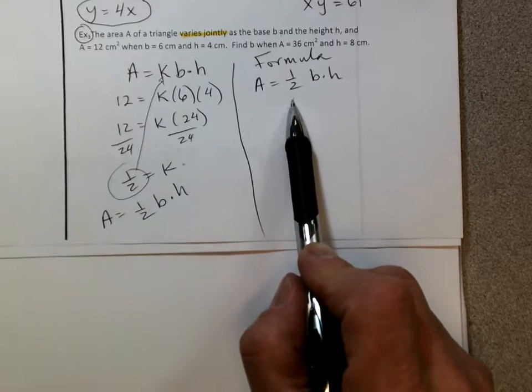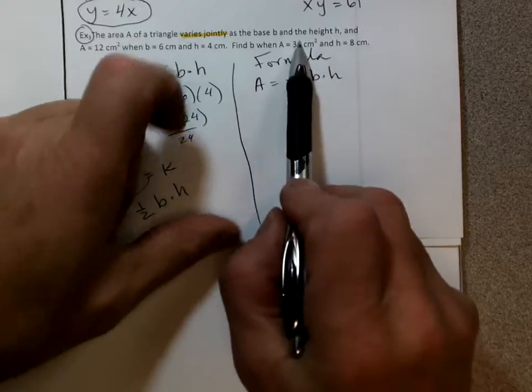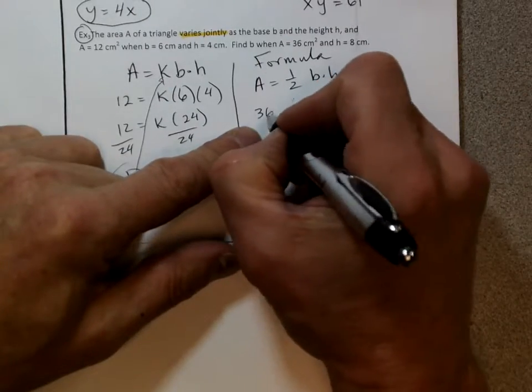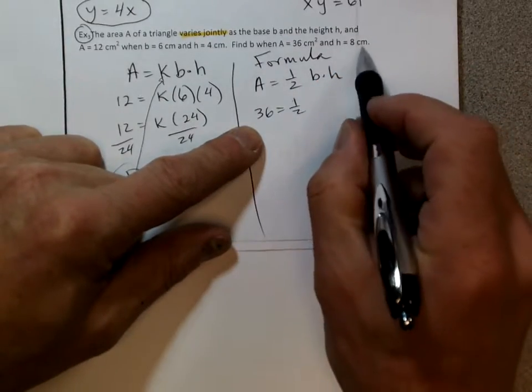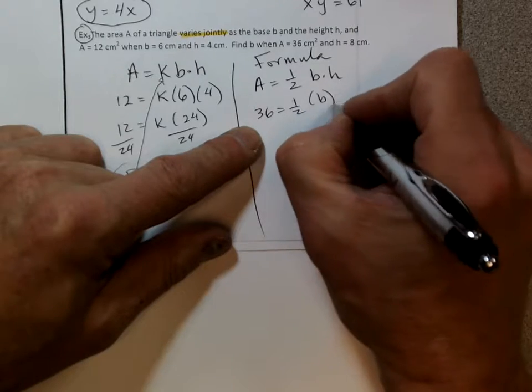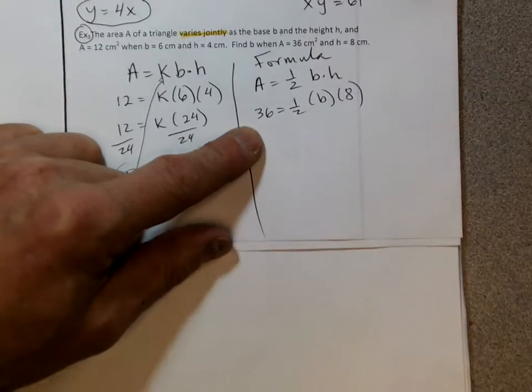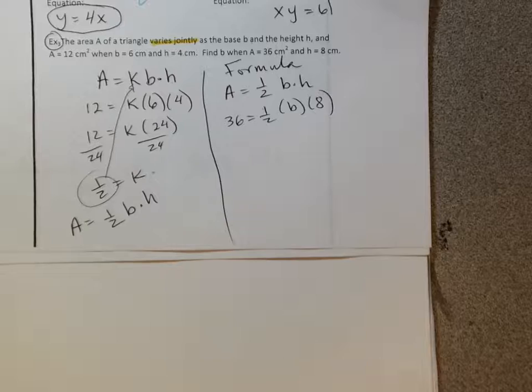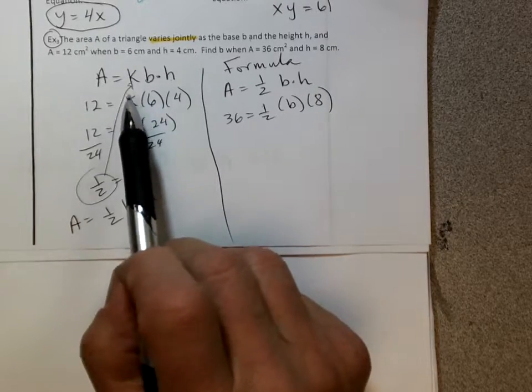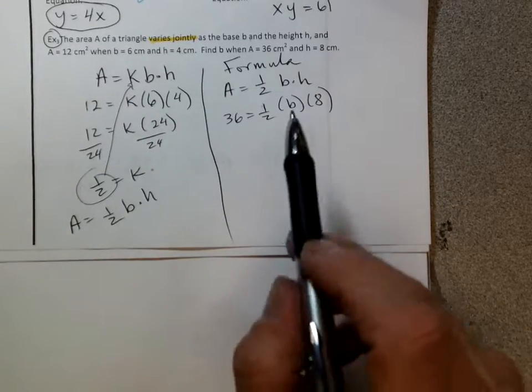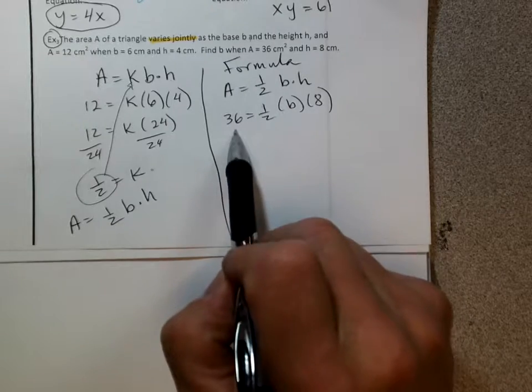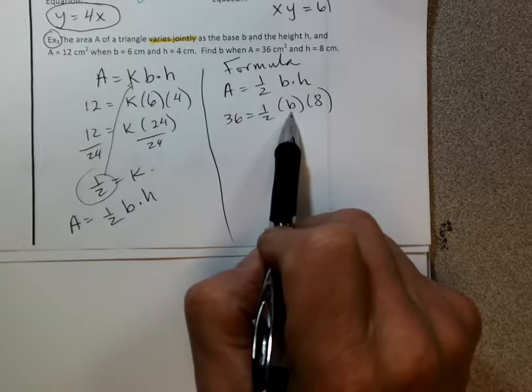So let's use it. Find b. If a is 36, put 36 here. We don't know the base, but we know the height is 8. I just set up my formula. Then what I'm going to do is put things in. A is 36, I'm looking for b, and h is 8.